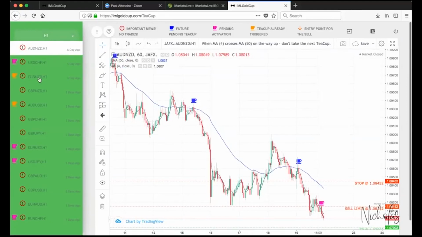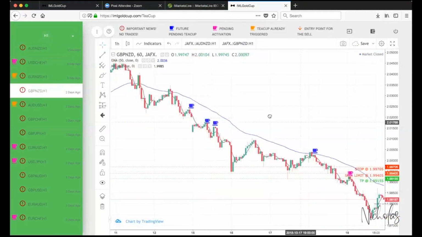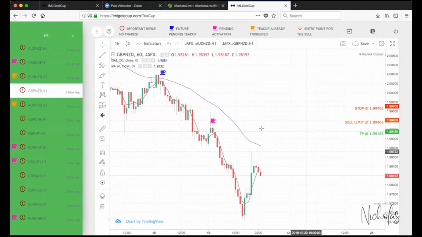So let's check out another pair. The Great British Pound versus the New Zealand dollar. Normally when I'm taking my teacups, guys, I'm looking for the teacup to travel 25 pips on the 1 hour. On the 4 hour chart, I'm looking for the teacup to travel 50 pips. And on the daily chart, I'm looking for the teacup to travel 75 pips, okay?